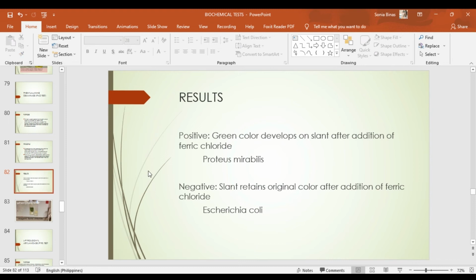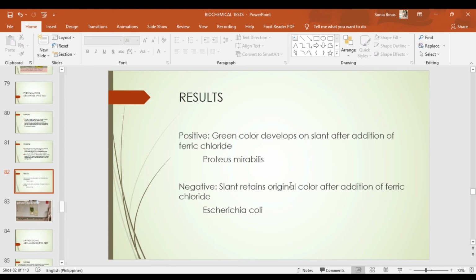Again, it is a slant. So, sa slant po, magsistab tayo ng 1 drop of our 24-hour brain heart infusion broth. Tapos, incubate natin for up to 24 hours, again at 35 to 37 degrees Celsius.